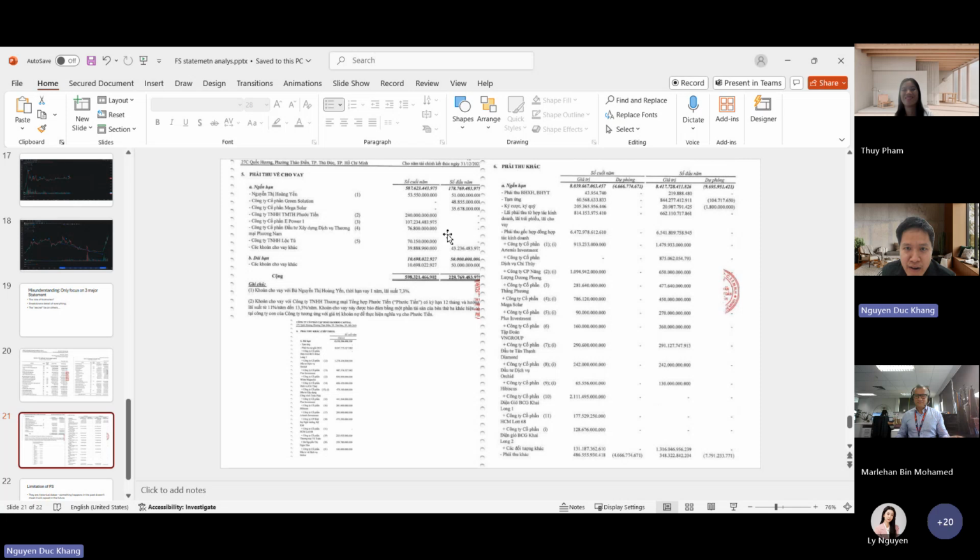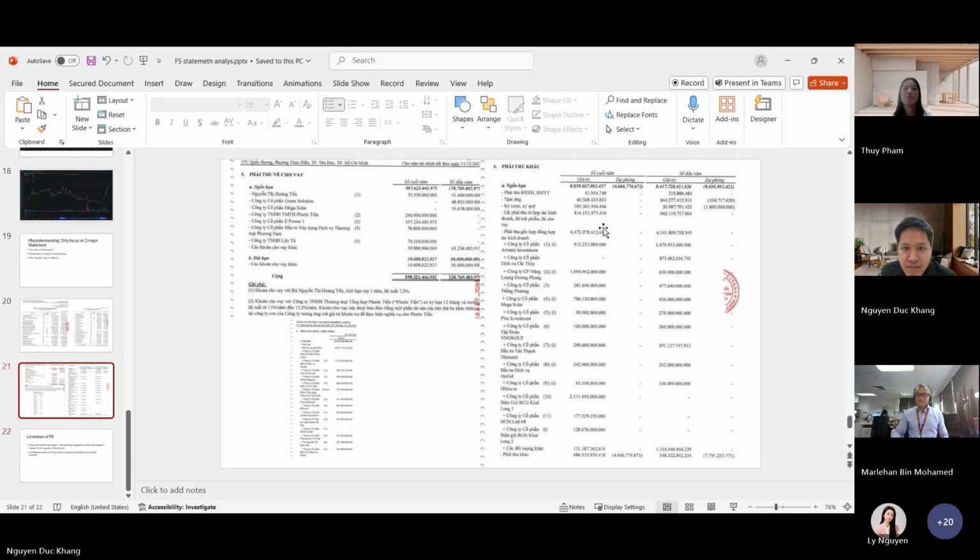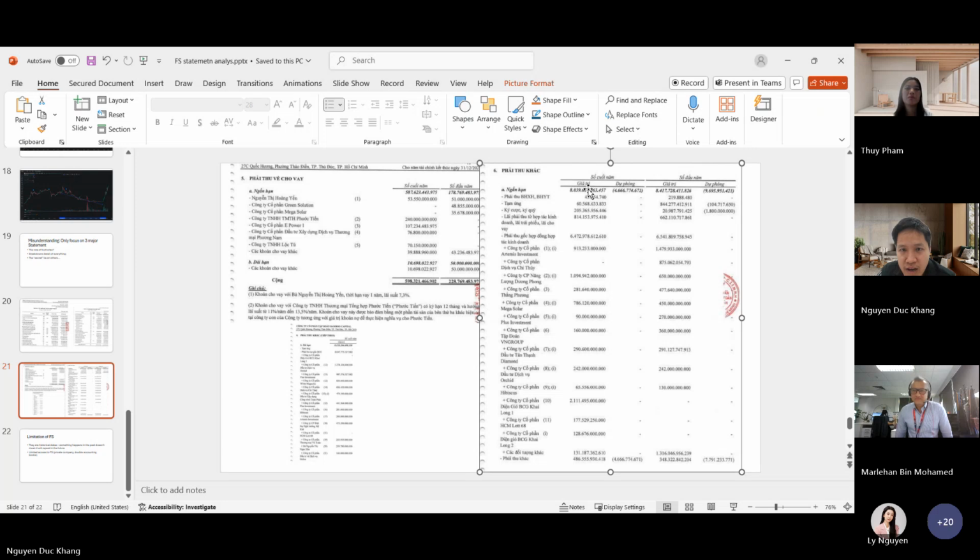It's quite a large amount, and also receivables from business cooperation contracts, BCC, with a lot of companies with a large amount, and we don't know what that is.